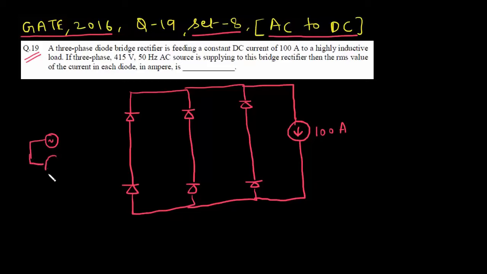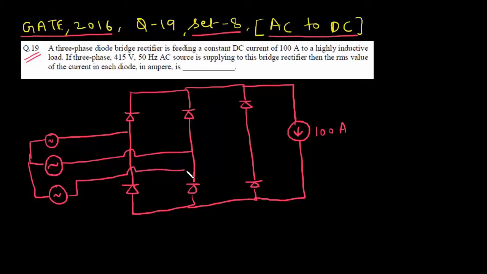You have to draw the three-phase AC source. Let's say this is A phase, B phase, C phase, and we can name them VAN, VBN, VCN.